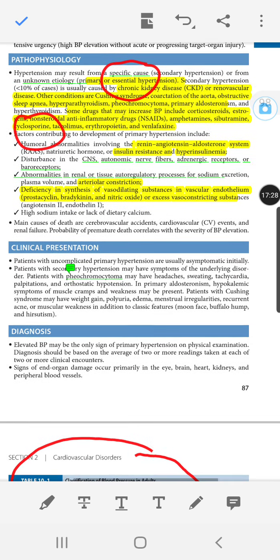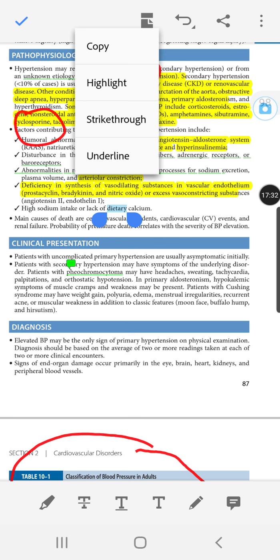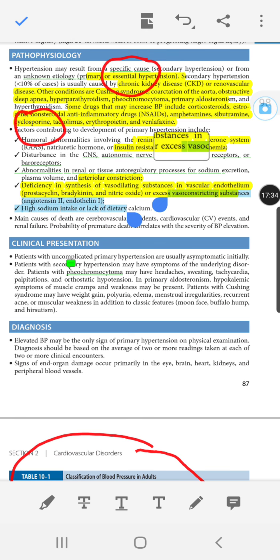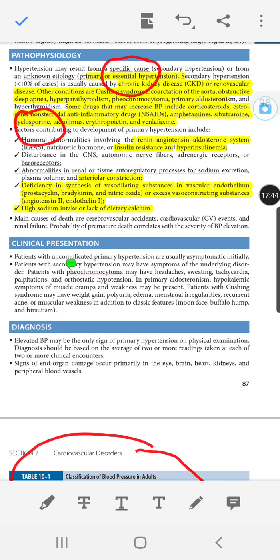And the last one is high sodium intake or lack of dietary calcium. If we are taking so much salty food, then your blood pressure also increases. So we should take a healthy diet which has less sodium, or food which has more dietary calcium.